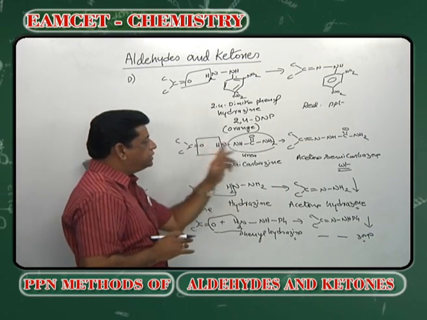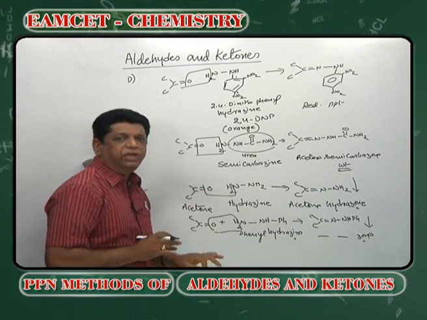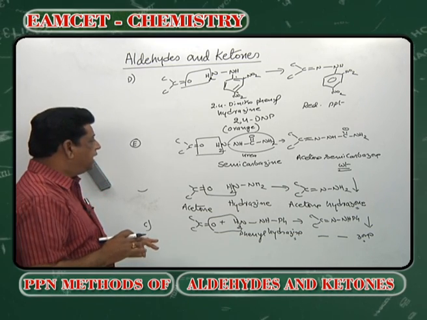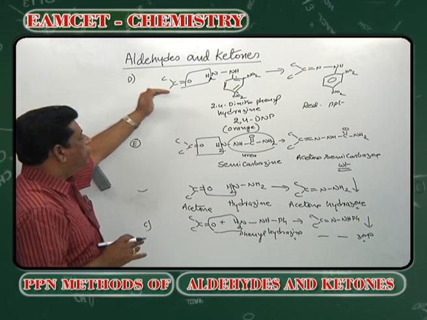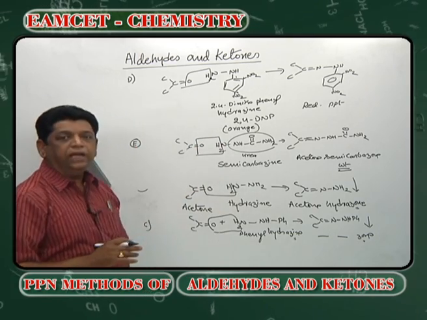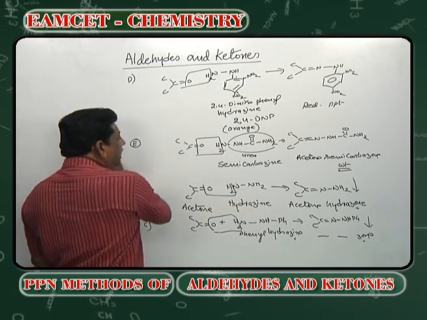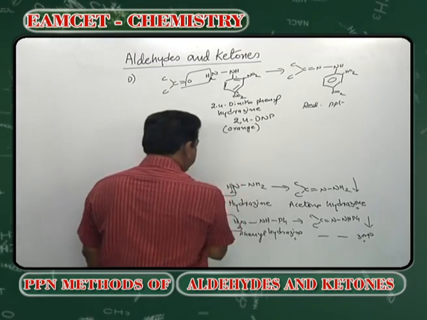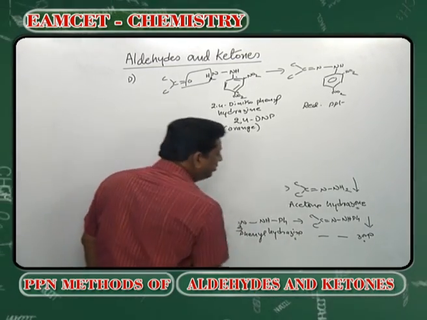Semicarbazide with acetone gives semicarbazone. All these five compounds have much similarity; except 2,4-DNP, all give white colored derivatives. They are all used for the identification of aldehydes and ketones, not differentiation.